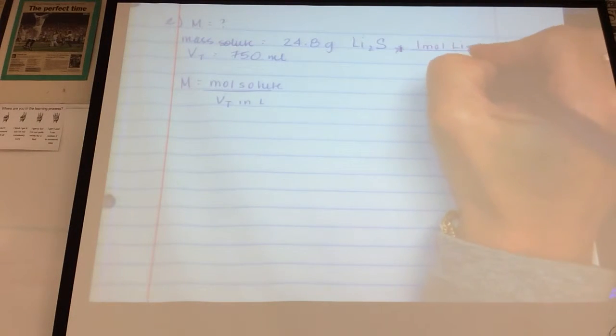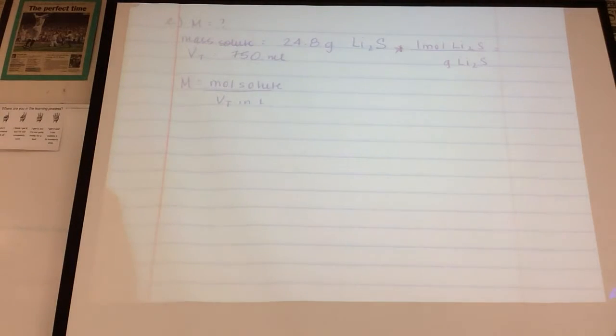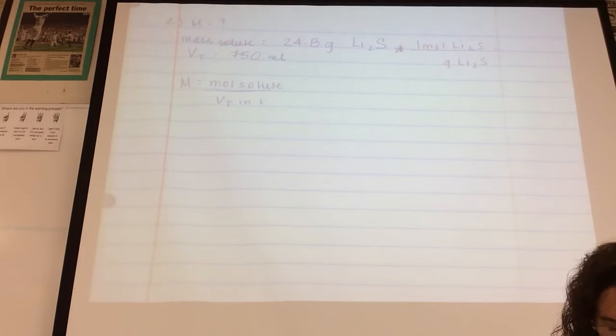How do you know it's ionic? Because it is a metal, non-metal. You got it. Good job. So you have 2 lithium. So 2 times 6.941 plus 32.066.